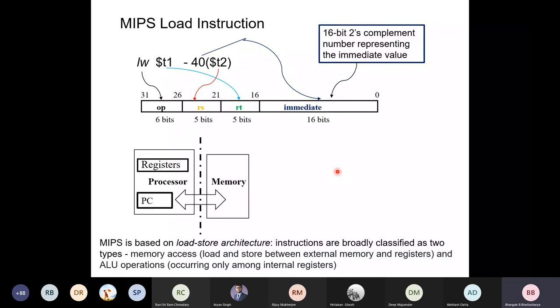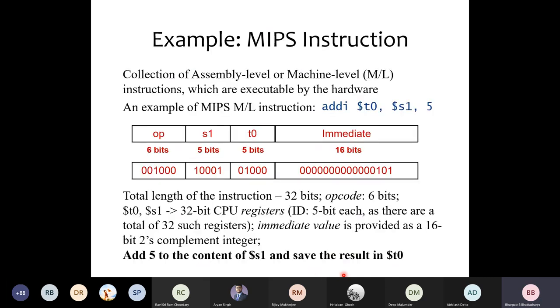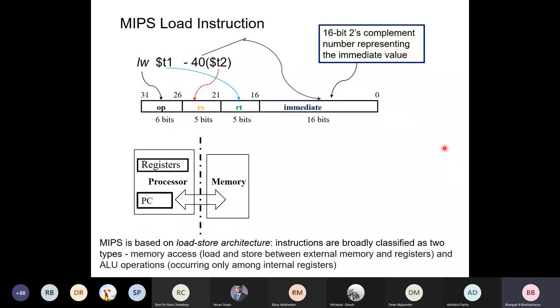That's why you need to execute a load instruction first in order to bring the required data from memory to the processor side, and then execute the ALU operation separately. When you do ALU operation, it involves only internal registers, as in the previous case. This is an arithmetic operation, an ALU operation. It involves only registers. There is no memory access here. Clear? Memory access should be done separately using load and store operations. That's why it is called a load store architecture.